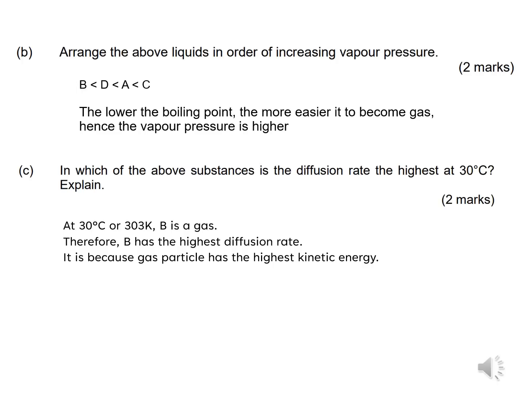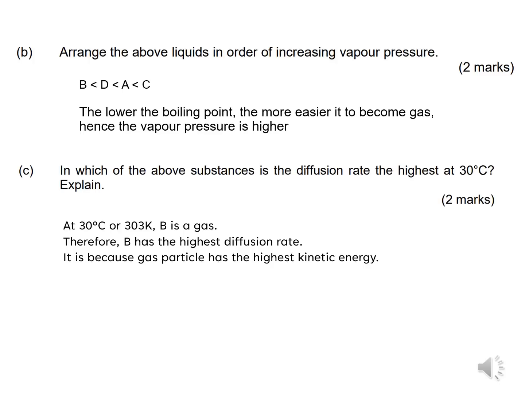Now, we have to arrange liquids A, B, C, and D in order of increasing vapor pressure. So we have to look at each one of the values, where we can see that the lowest boiling point is the one for B. Since B has the lowest boiling point, it is easier for it to become gas.